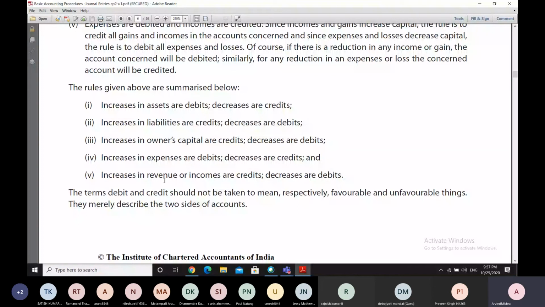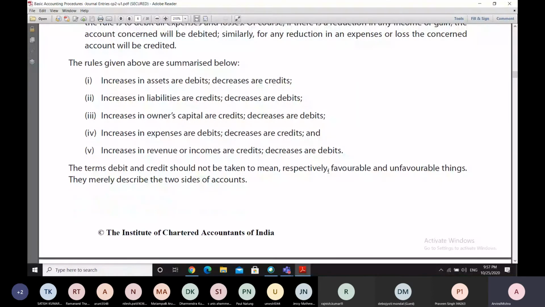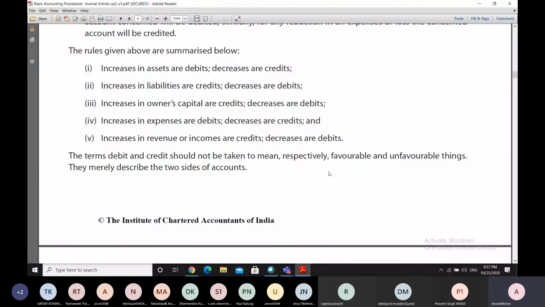On the other hand, whenever revenues are increased, the revenue or income account is credited, and whenever revenue or incomes are decreased, the revenue or income account is debited. So these are the 5 golden rules of debit and credit.